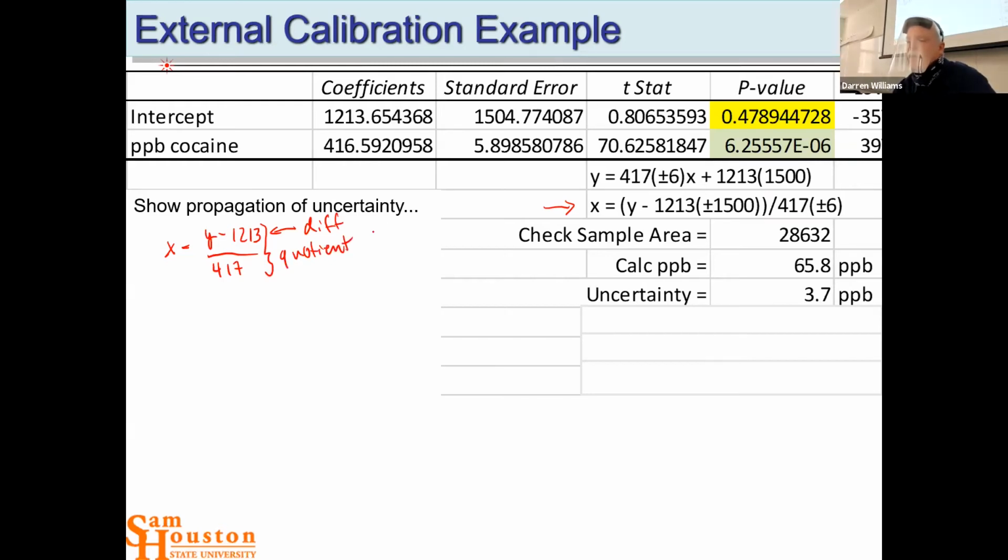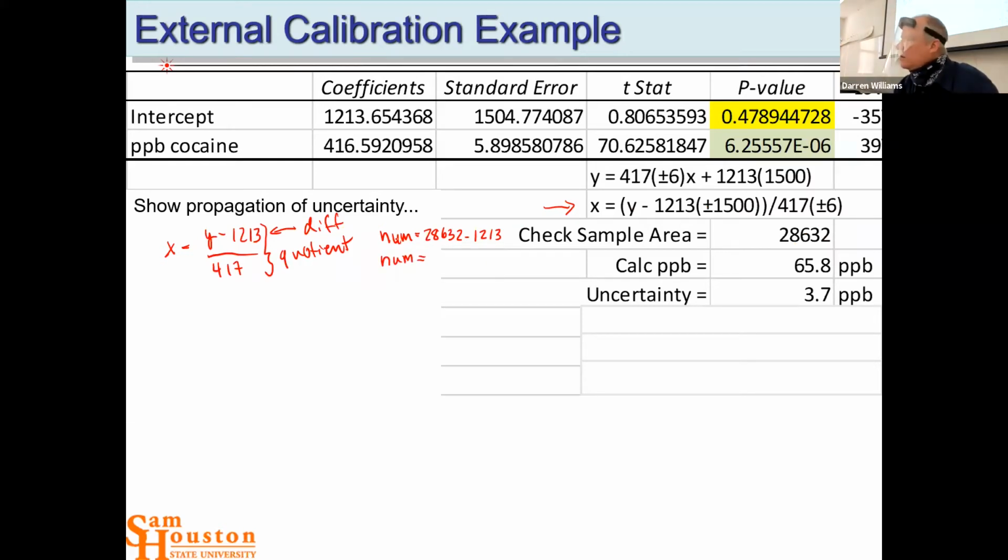So we need to calculate the numerator. And that's going to be this 28,632 minus 1213. Can someone do that for me really quick if you have your calculator?